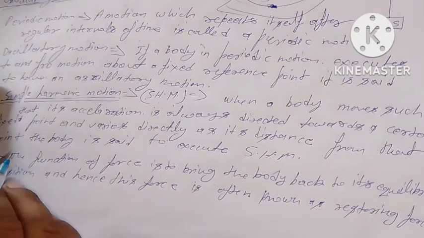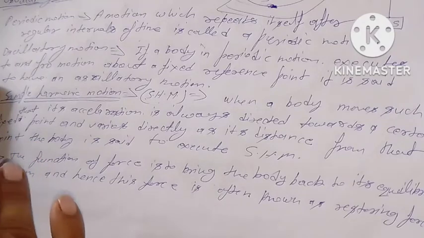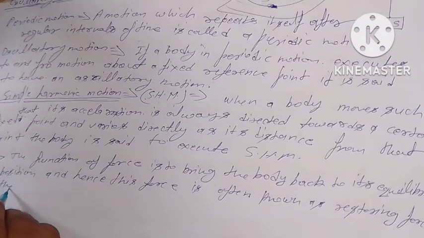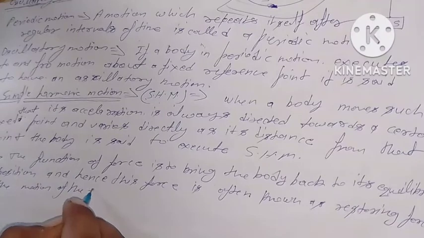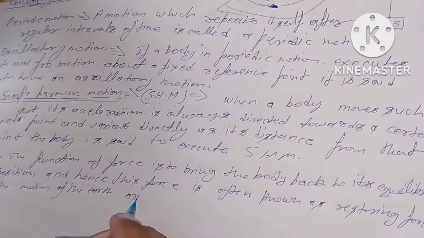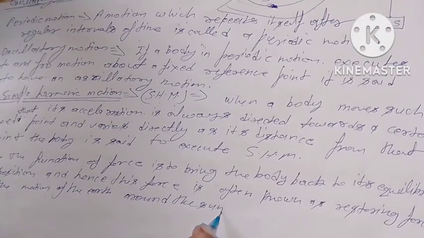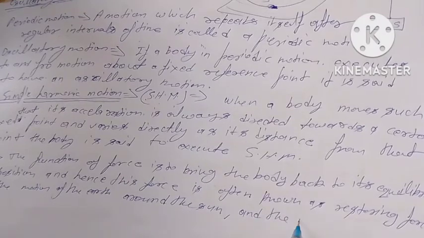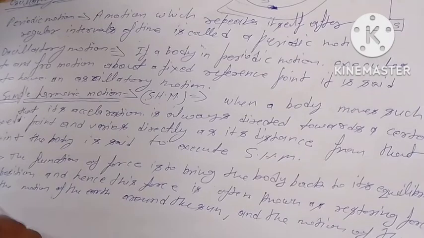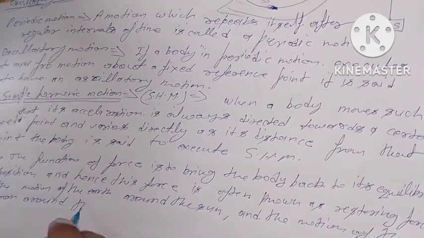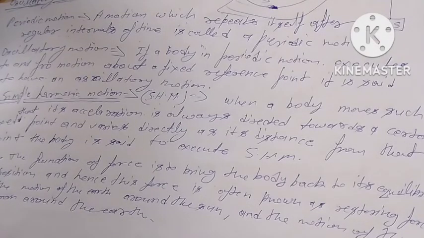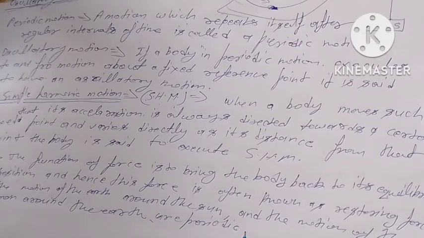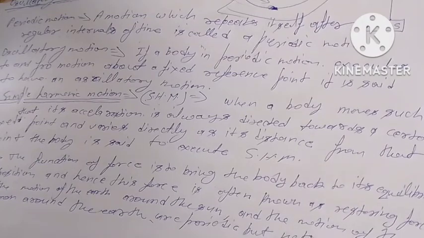For example, the motion of the earth around the sun and the motion of the moon around the earth are periodic, but not simple harmonic.